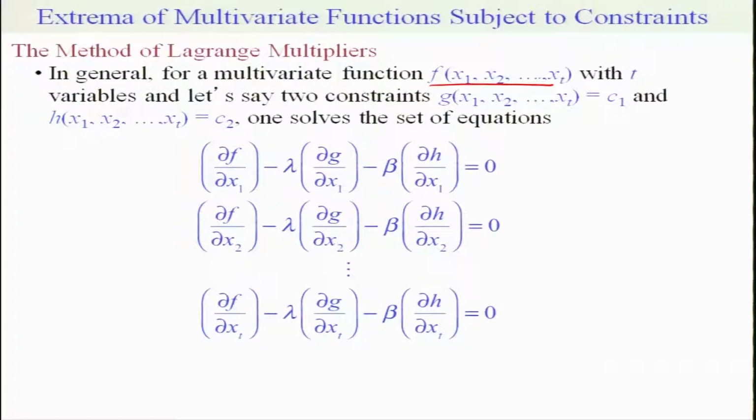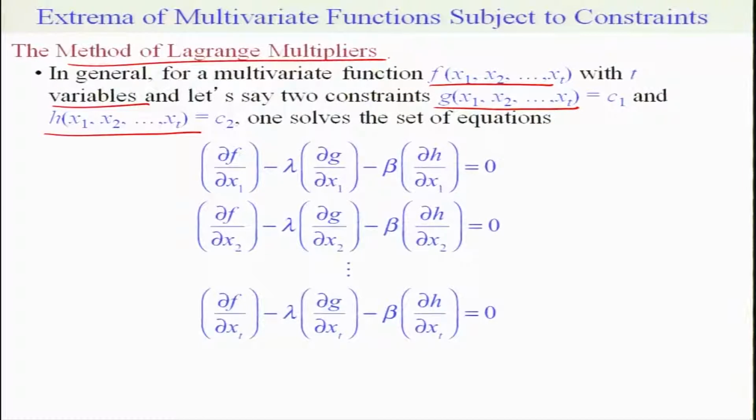If you consider such a function with t variables, and let us say you have two constraints g and h such that g is equal to c1, and g also depends on these t variables, and h also depends on t variables, then in order to find the optimized value of the function for these given constraints, we will be using the method of Lagrange multipliers.